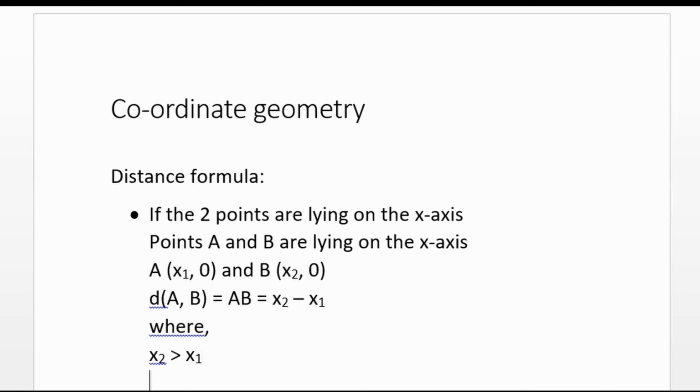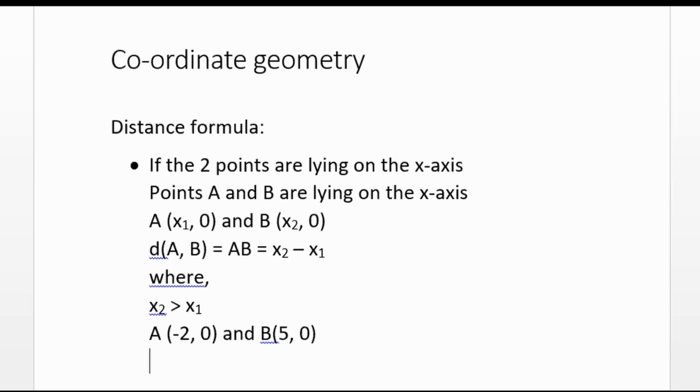Okay, so for example, if we have points A, where point A is minus 2, 0, and point B is 5, 0. As the y coordinates of both the points A and B are 0, the points are lying on the x-axis. Hence, the distance between the 2 points will be the difference between their x coordinates.